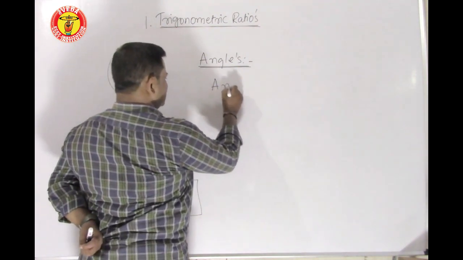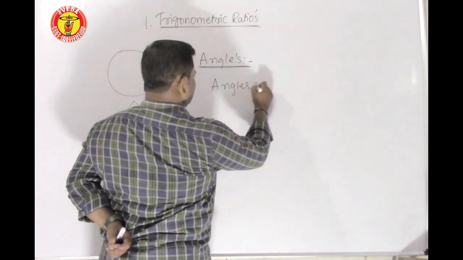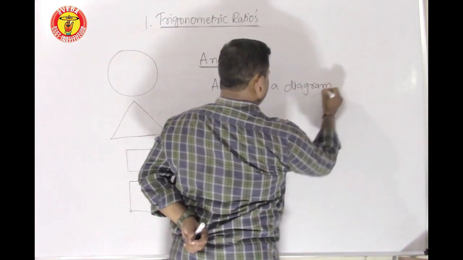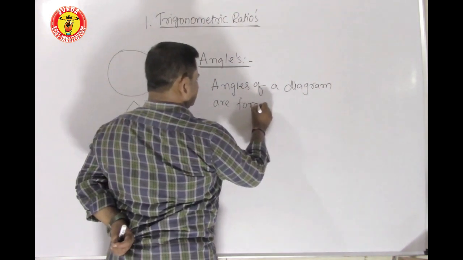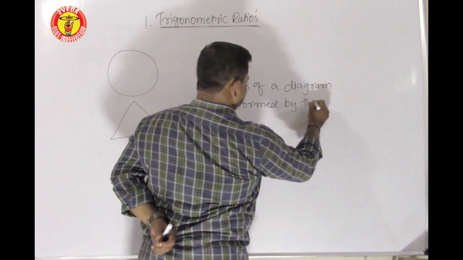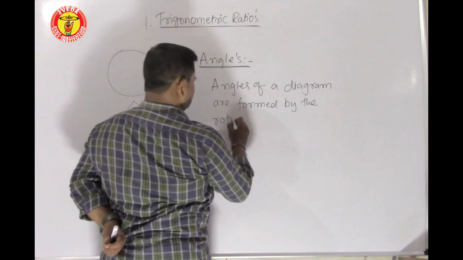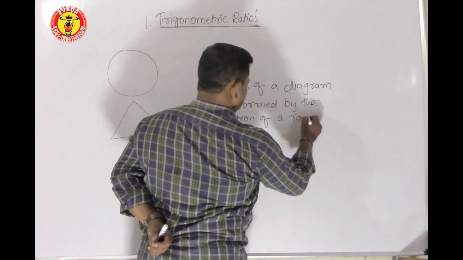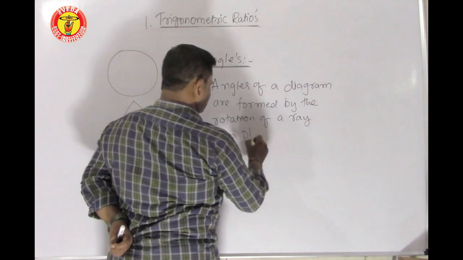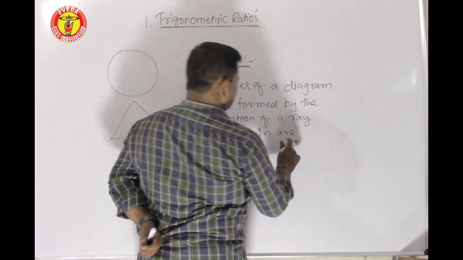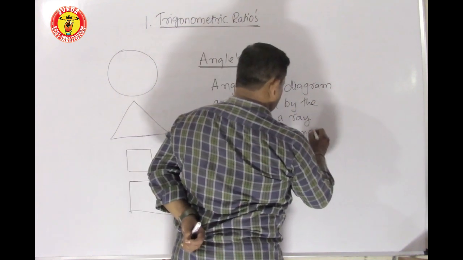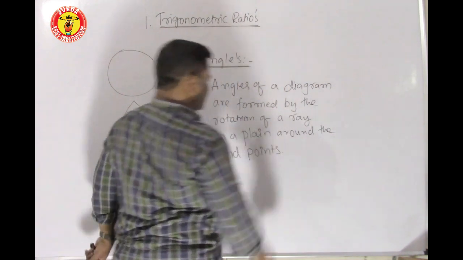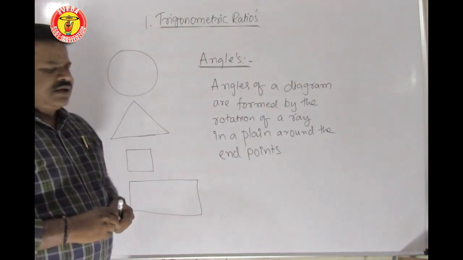The definition of an angle is: angles of a diagram are formed by the rotation of a ray in a plane around the end points.